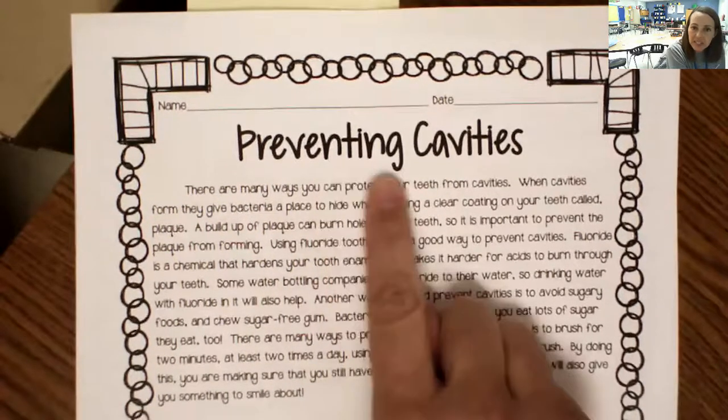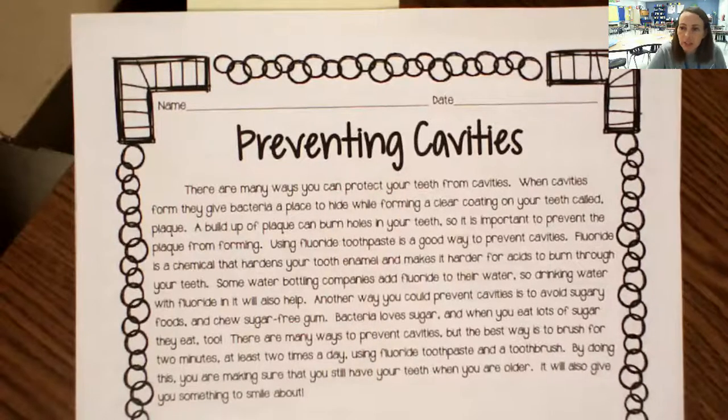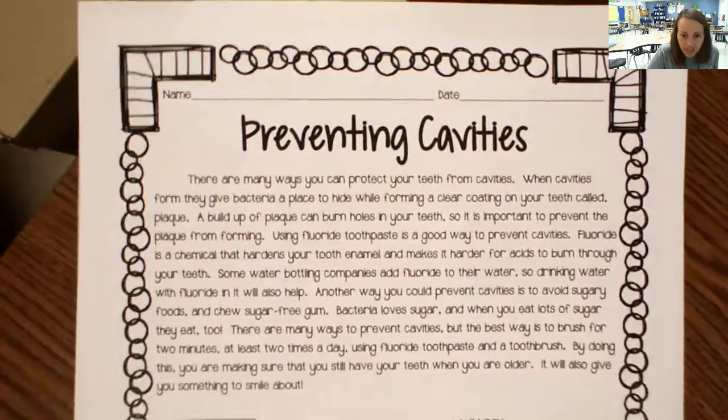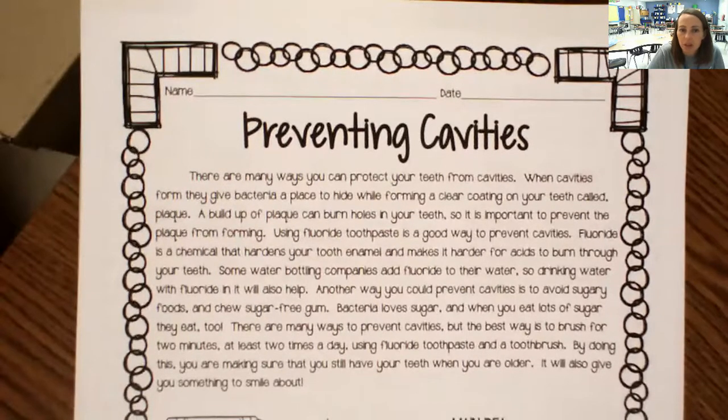Because guys, a lot of times the title gives us a big clue as to what the main idea is. So the title of this text is called Preventing Cavities. So we can guess that the main idea is going to have something to do with preventing cavities. So preventing means stopping it from happening. So we're going to be learning about in our text about how to stop cavities from happening.